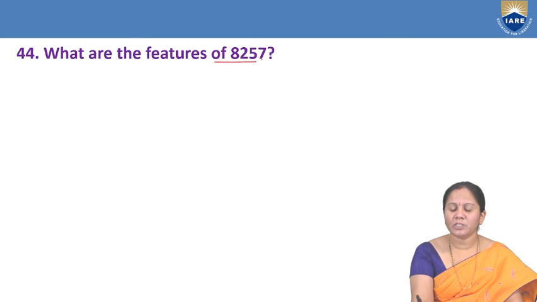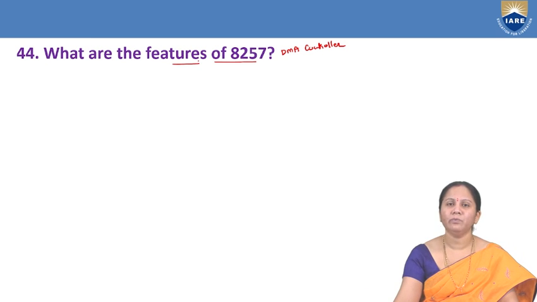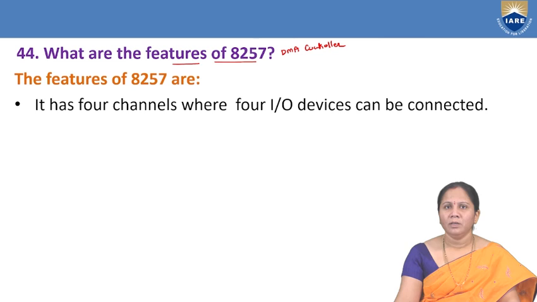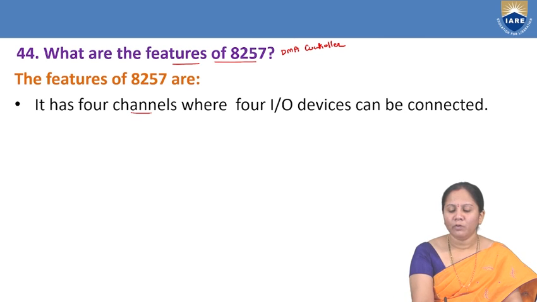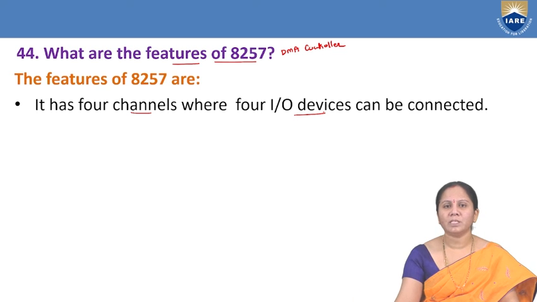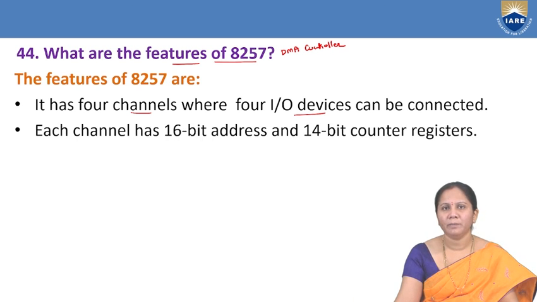Next, what are the features of 8257? 8257 is a DMA controller. It has 4 channels so that 4 I/O devices can be connected, that means each I/O device can be connected to 1 channel.